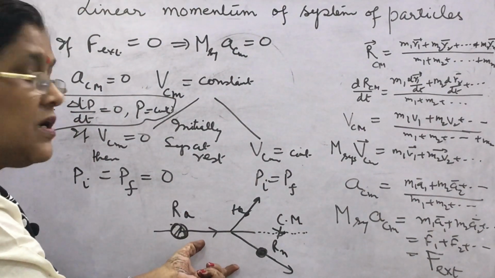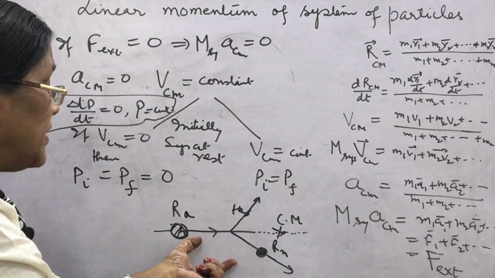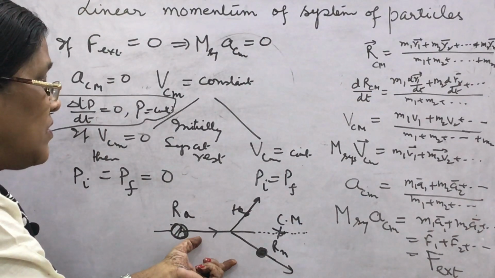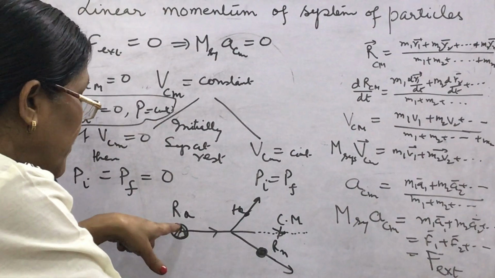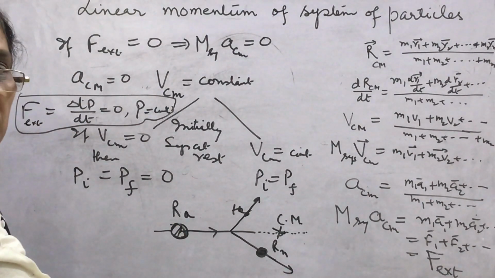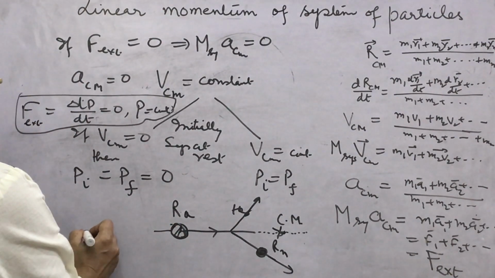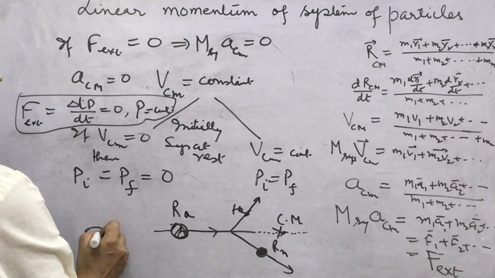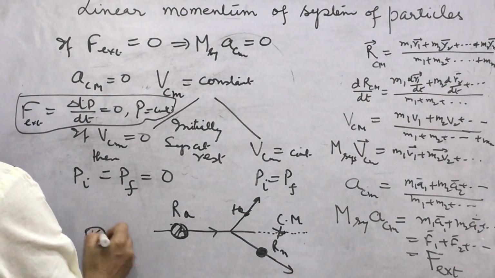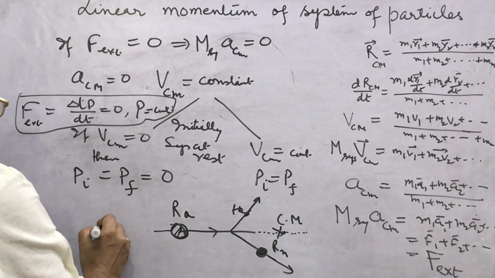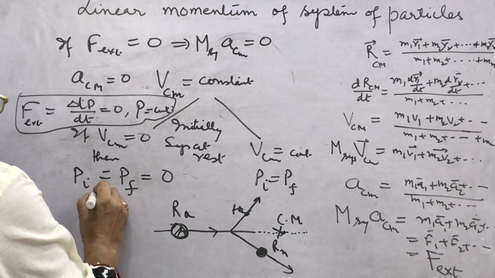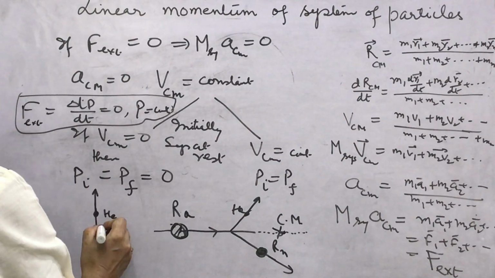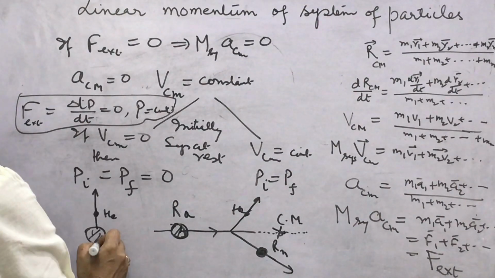This is called conservation of momentum. What can you say if you observe from the frame of reference of center of mass? What will you find? That when the radium nucleus is at rest, one particle moves, which is helium, with the greater velocity because its mass is less, in this direction upward.